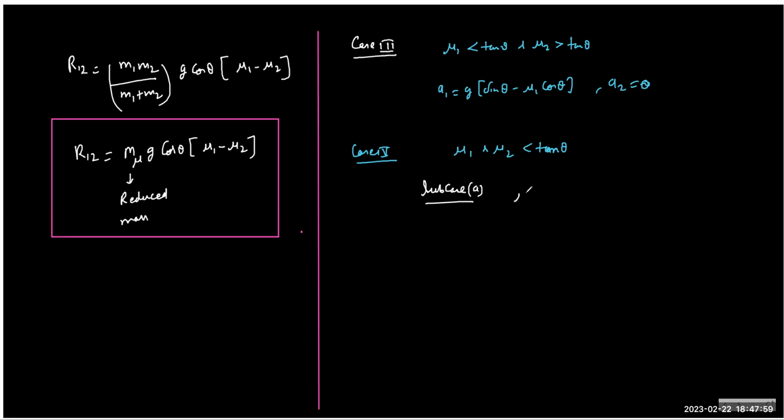And the sub case is if mu1 is less than mu2, which means which one will move faster? So if mu1 is less than mu2, then m1 will accelerate faster than m2. And in such case, both will move separately or together.